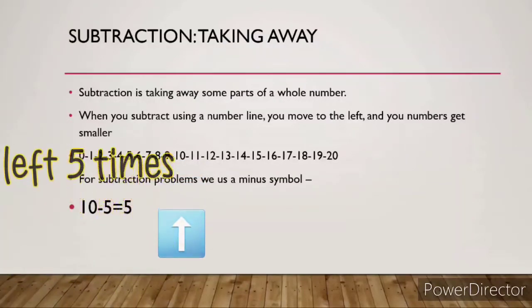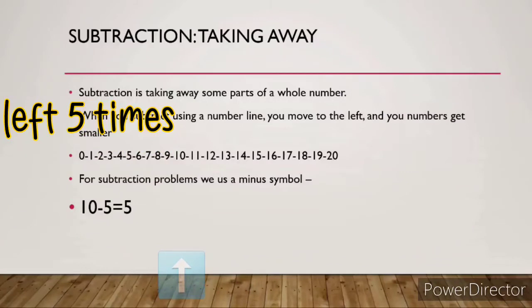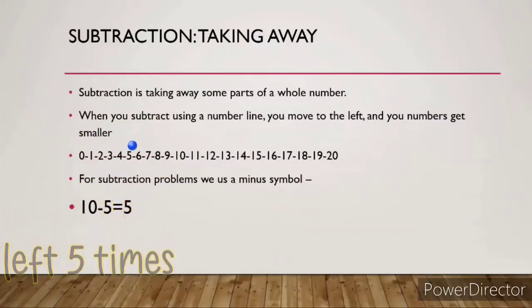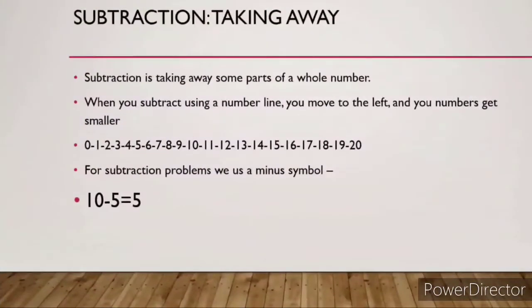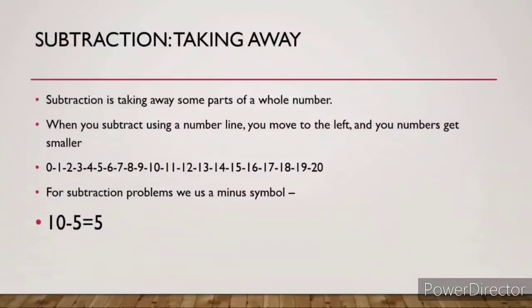Okay, Zoe, we're going to move to the left 5 times. So 1, 2, 3, 4, 5. What number did we stop on? The number 5. Awesome. So 10 take away or minus 5 equals 5. Awesome. Let's try to practice some of those.